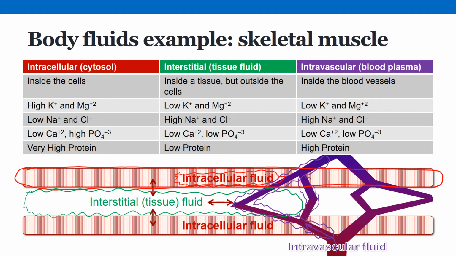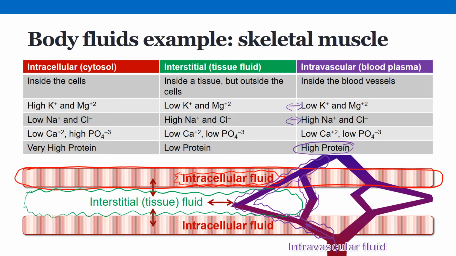So where is it? It's inside the blood vessels. What is it? It's almost identical to the interstitial tissue fluid, except in one respect. It's high in protein. That's because with the Starling flow and diffusion processes and such that allow fluid to cross between the intravascular and interstitial fluids, small things like potassium and magnesium cross back and forth.